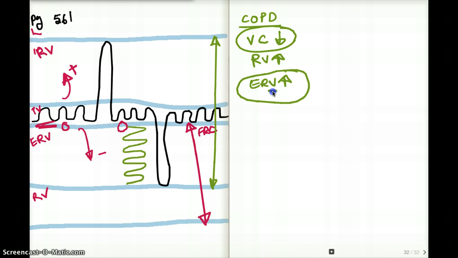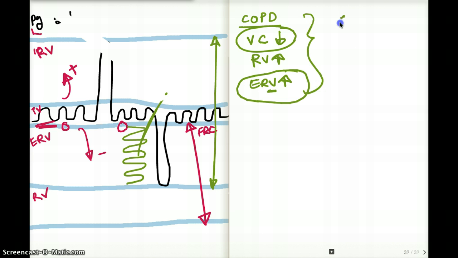Even though the volume is increased, the capacity to expel that air out of the lungs is decreased in COPD. Okay, so ERV is increased in COPD, residual volume is increased, but the capacity to expel the air is going to be decreased. Now let me see if I can explain that in a little bit more detail.